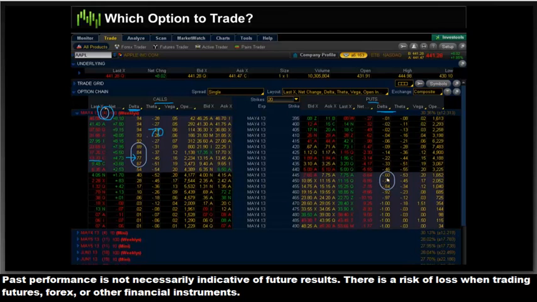I look under the delta column, I find that these three are close by, and I would select this negative 0.74 number. That is the put I'm going to select, and it's currently trading for $11.15. So that is how we go about selecting the actual option that we're going to trade.